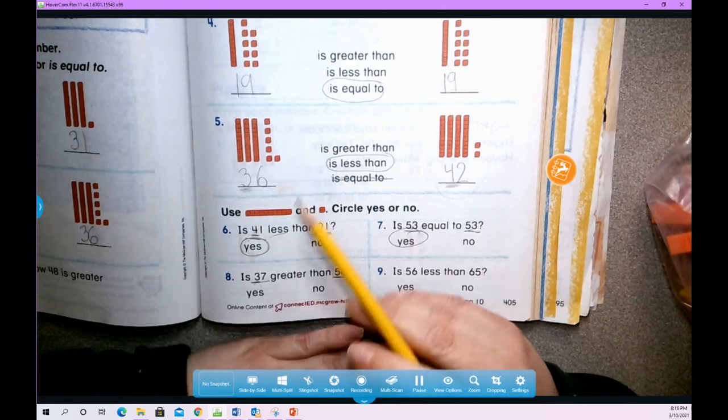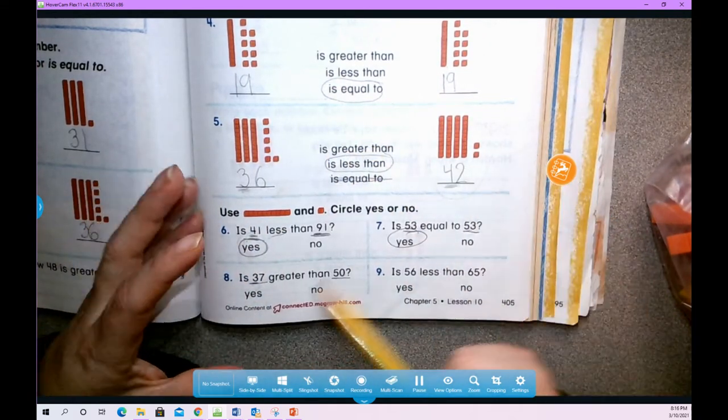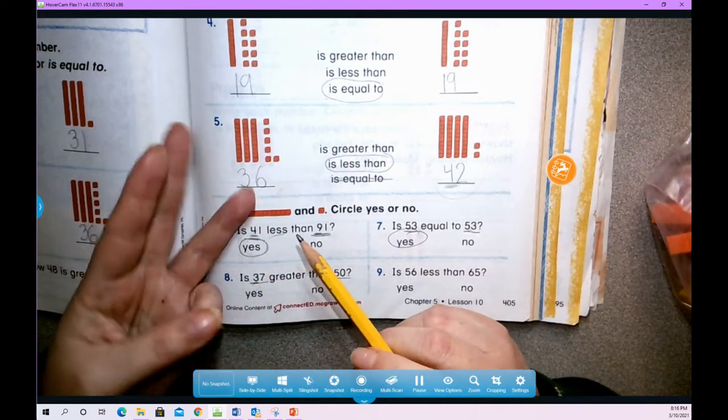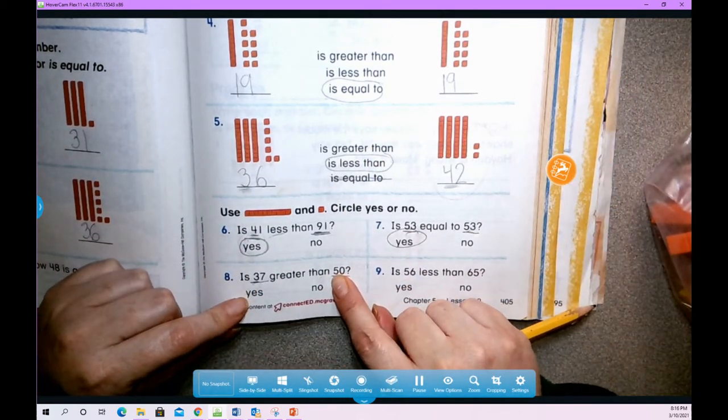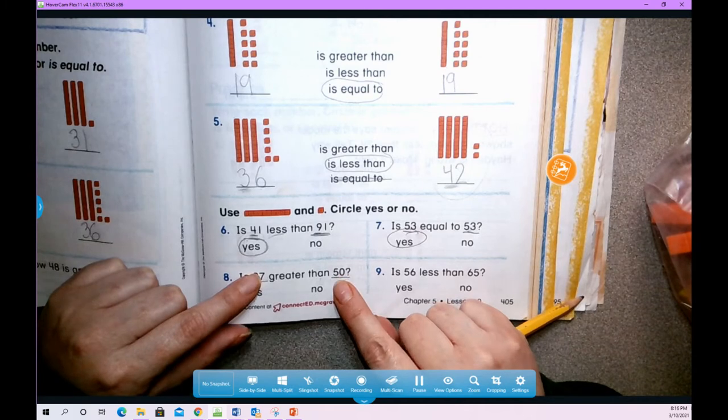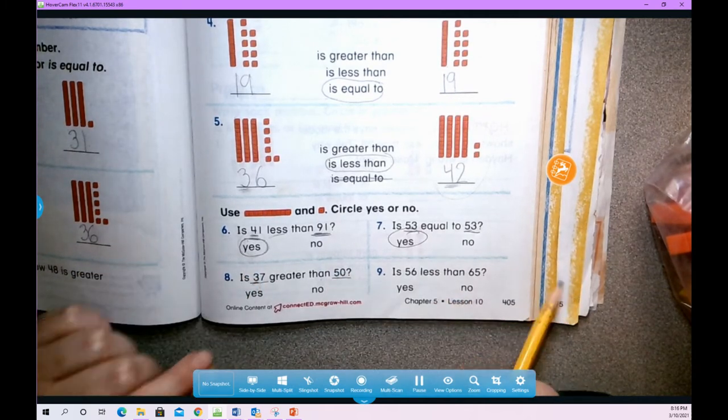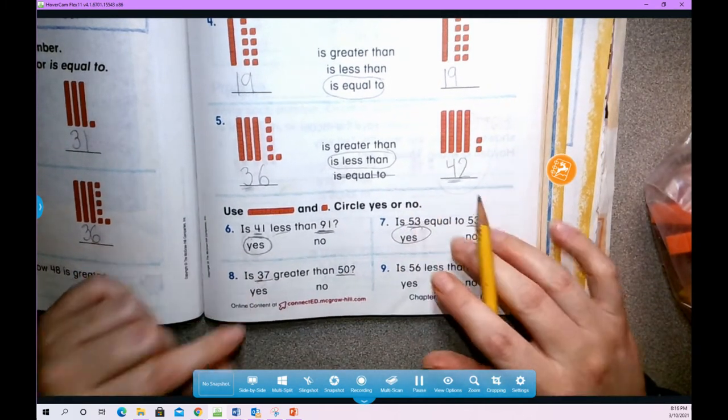So is 37 greater? Is 3 groups of 10 greater than 5 groups of 10? Is this more? What do you think?